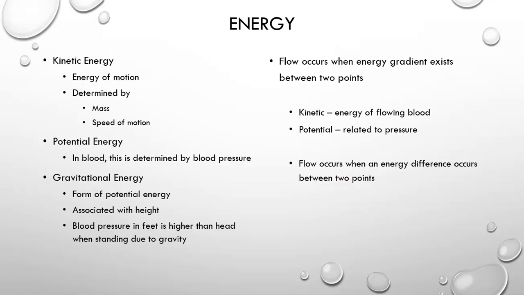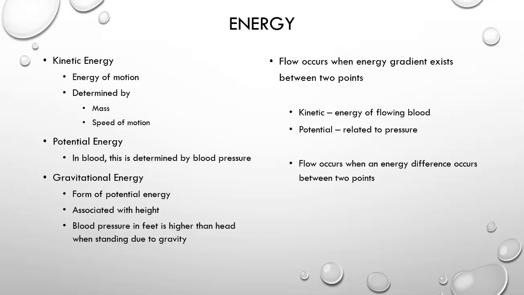So let's talk about energy. We have the kinetic energy, the energy of motion, which is determined by the mass of the fluid and the speed of its motion. We have the potential energy. In blood, this is determined by the blood pressure and the gravitational pressure that's acting on it. The gravitational energy, which is a form of potential energy, is associated with height.